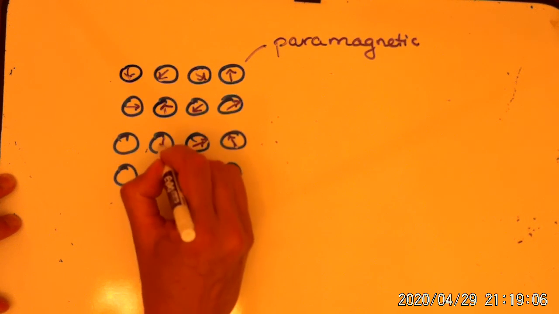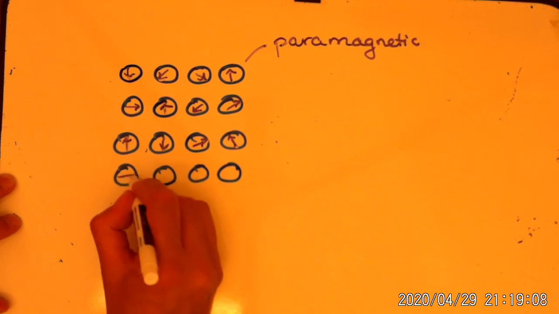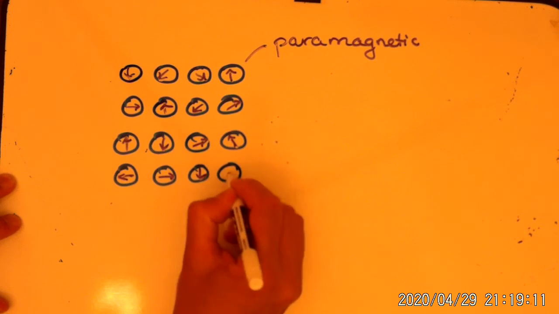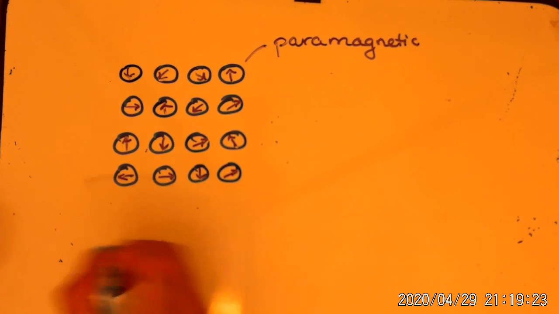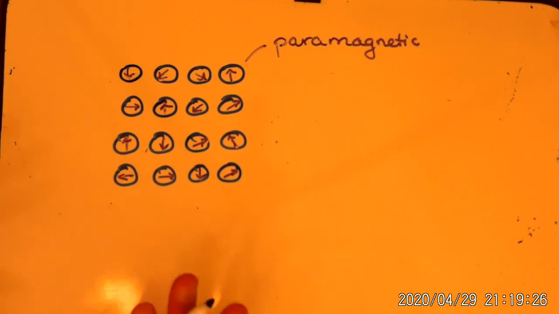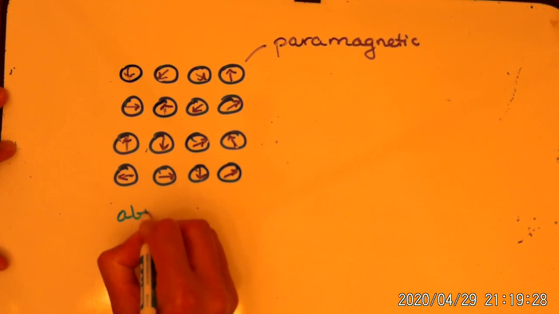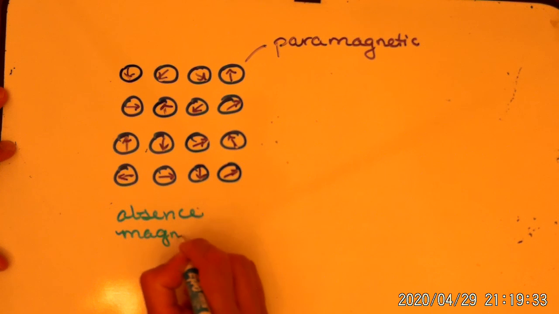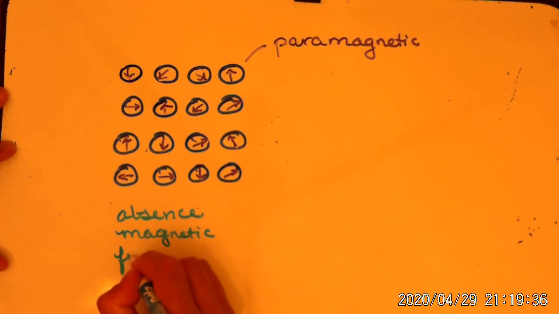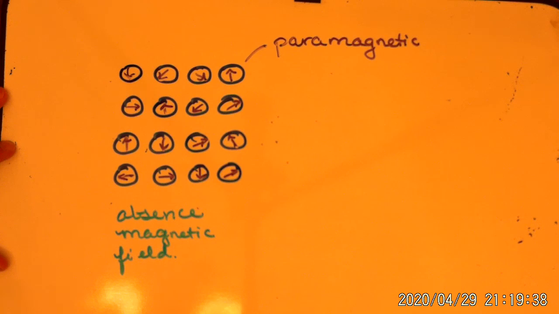There's no reason that they should be lined up at all. Because they have a random orientation, just because a substance is paramagnetic doesn't automatically mean it's lined up. So this is in the absence of a magnetic field. They're constantly changing their spin.